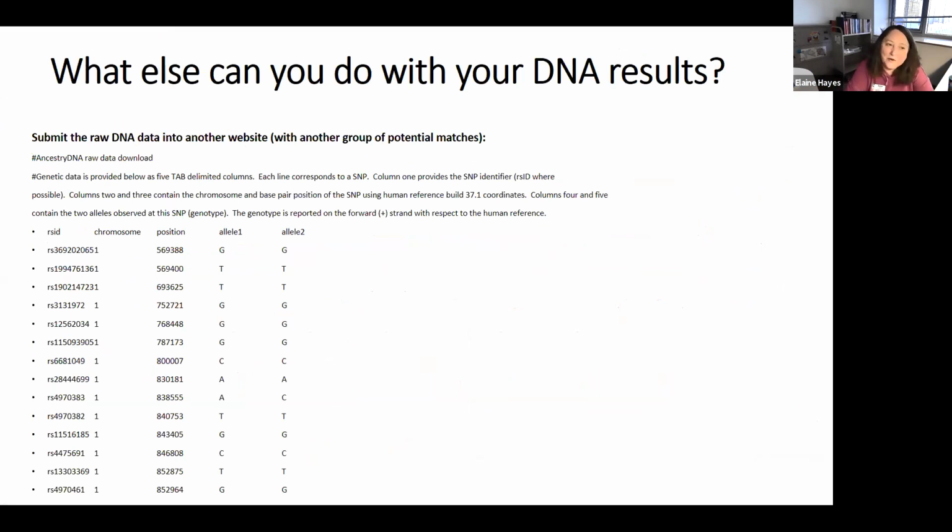What else can you do with your DNA test information? You can download the raw DNA and put it in another website. Ancestry and FamilyTreeDNA don't let you do this. You have to test with them to get results.